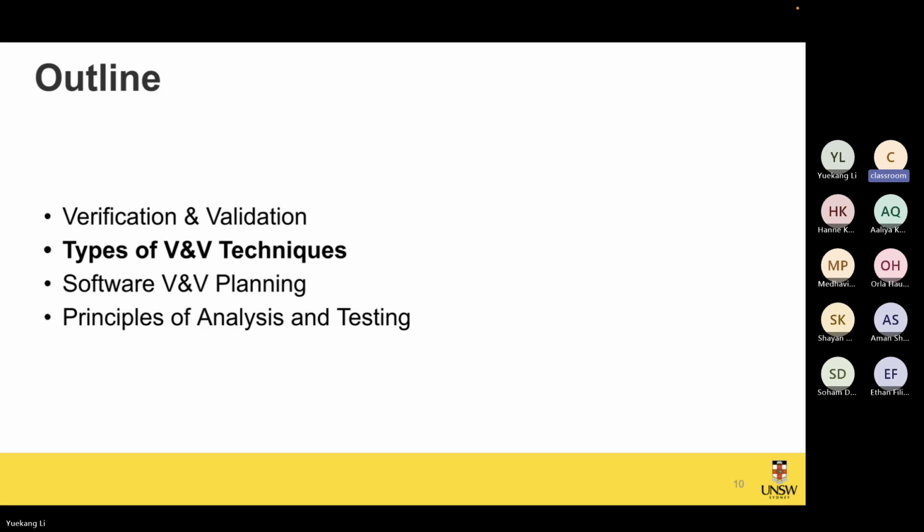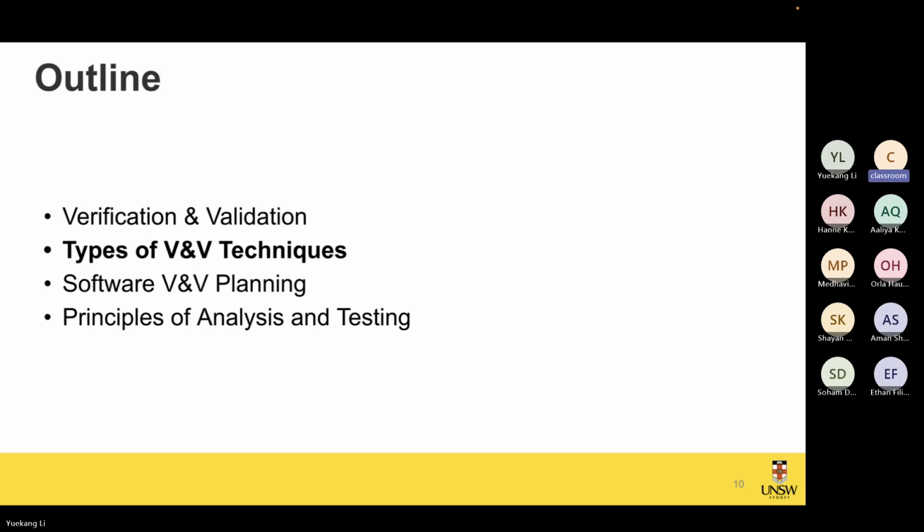So now we know that verification is more about the process, more about the intermediate product, and is often static. And validation is often more about the final product, whether it works after deployment, and it's more dynamic.